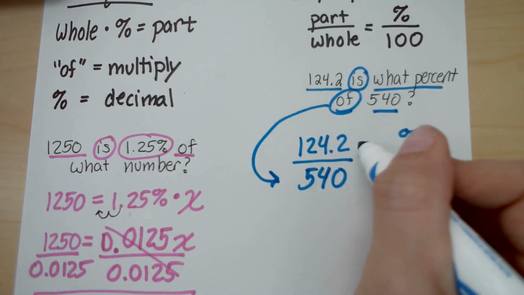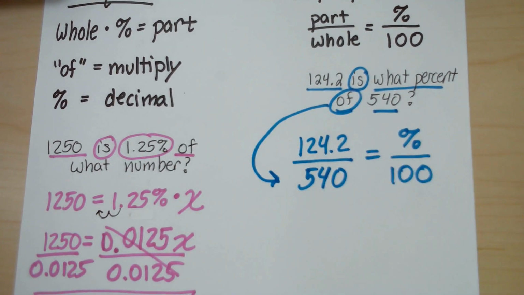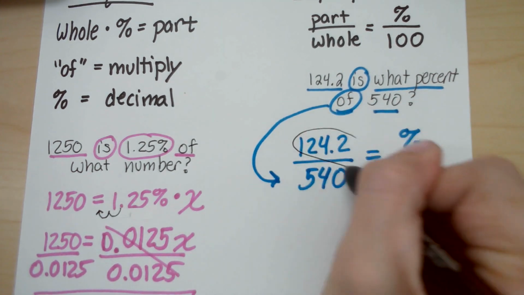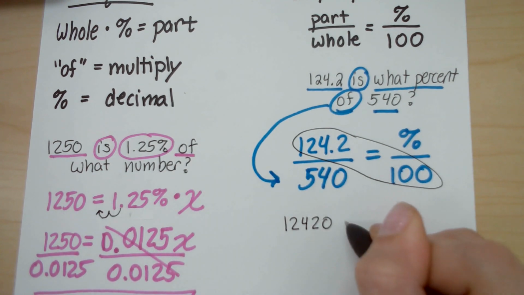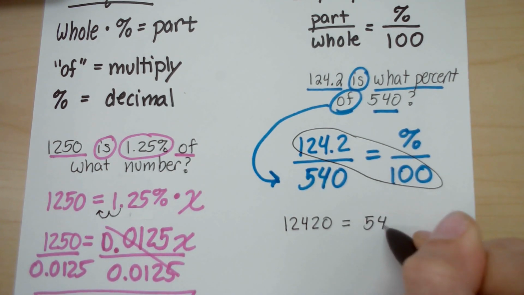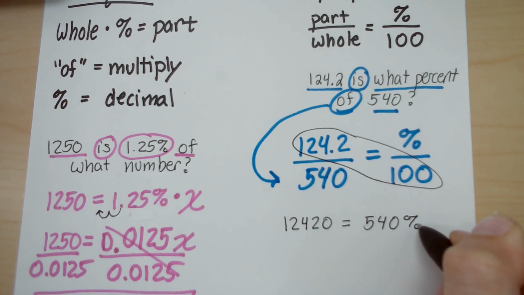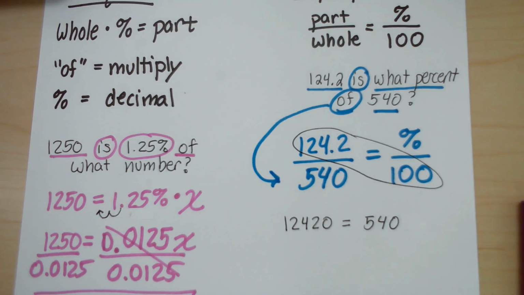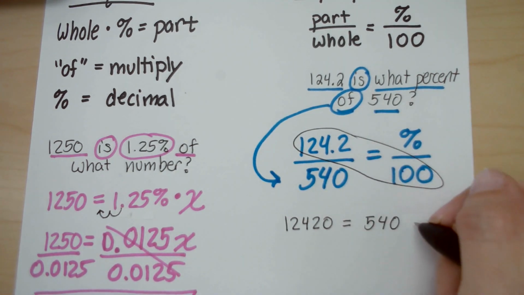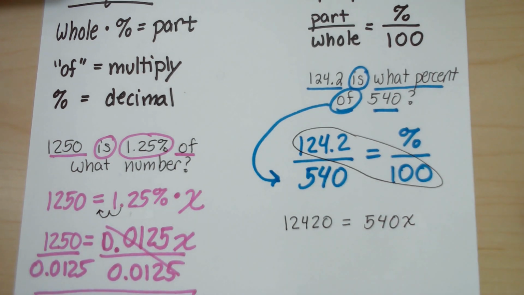From here, we will cross multiply. So if I cross multiply this, I get 12420 equals 540%. Now the percent might confuse me. So instead of the percent sign, because the percent is what we're looking for, we're going to do 540 times x.